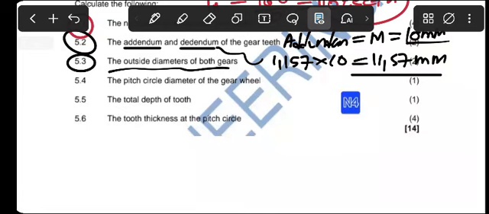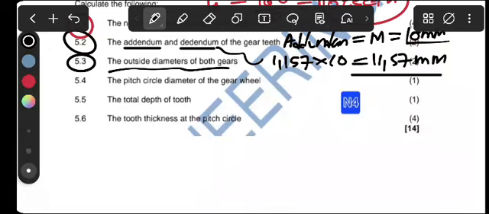Outside diameter. What do they need? For the outside diameter we have the formula where we add the teeth and 2. You remember, it's the same as the modulus, but now we add those things.